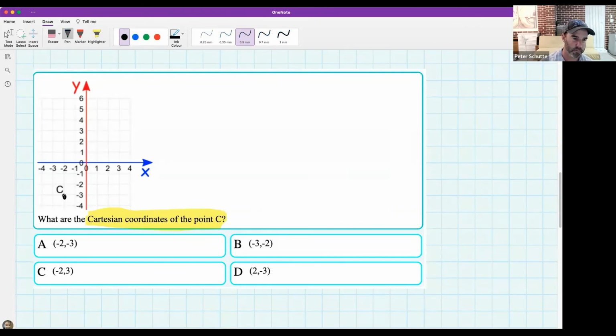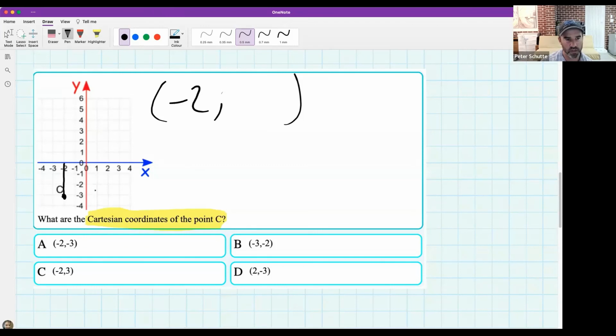So here's the point C. What is the input for C? And what is the output for C? It looks to me like C is in line with -2 on the x-axis.